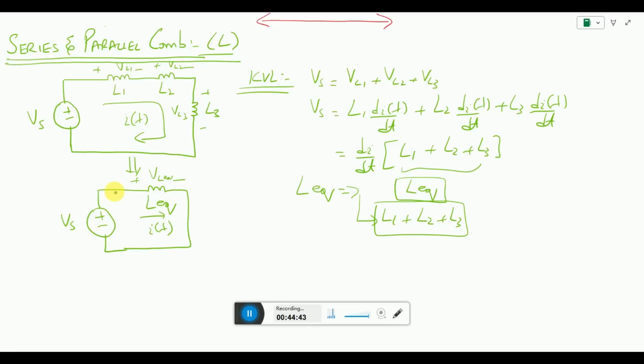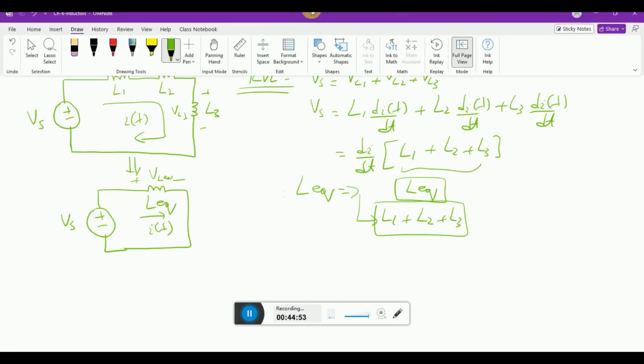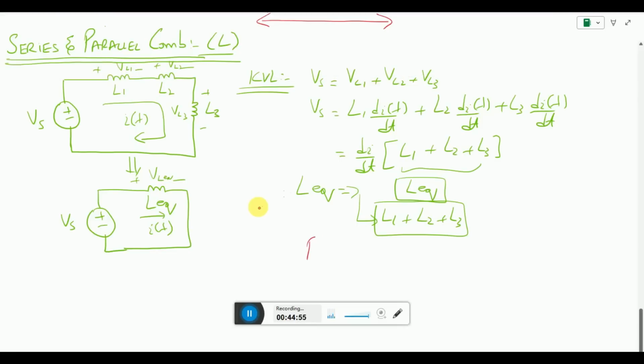So this is how we simplify inductors connected in series, where the equation resembles that of a resistor. And if you remember, for resistors connected in series, R equivalent was R1 plus R2 plus R3. So this is the similarity which I talked about.